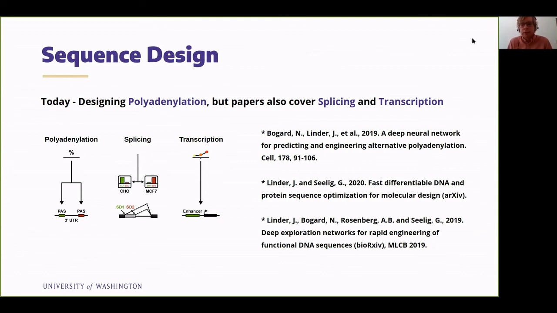But in these couple of different papers that our lab has put out, we do look at engineering other types of regulatory mechanisms as well, for example, splicing and transcription. And for anyone interested, I urge you to look at those papers for studying those mechanisms.